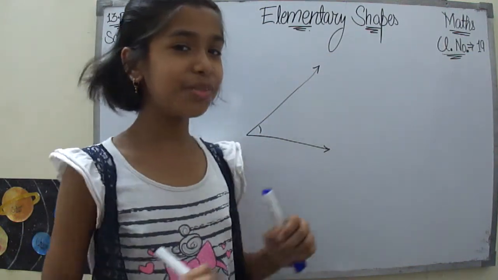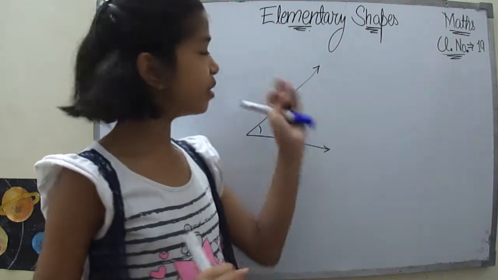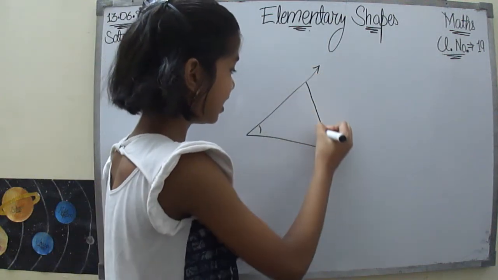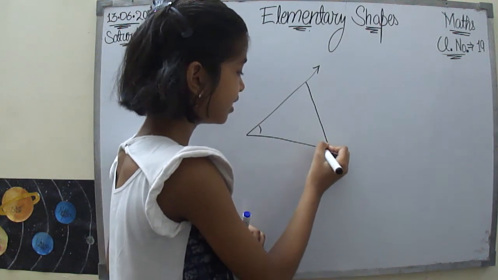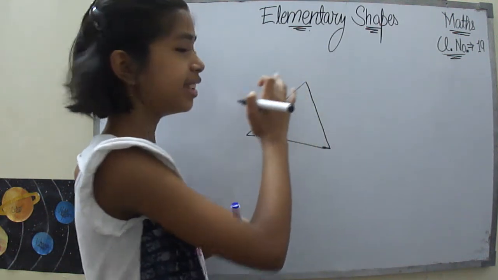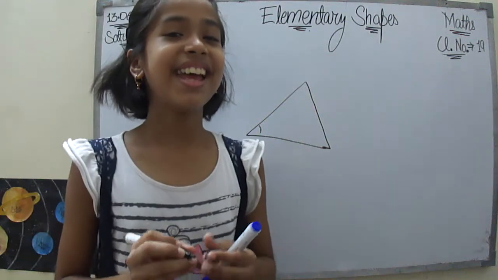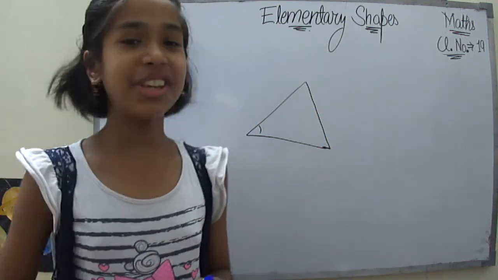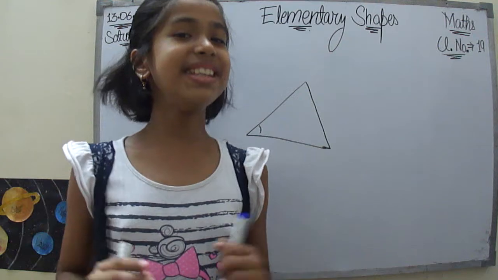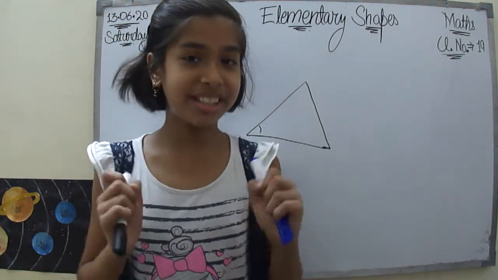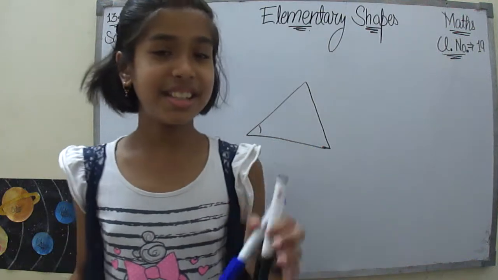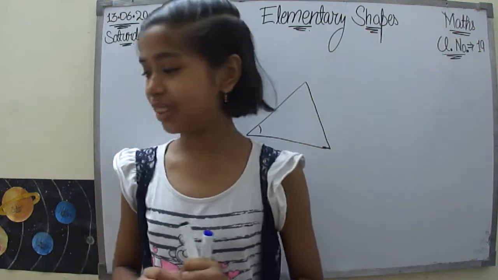So if I'm going to put a line to an angle, something like this, what does it form? Triangle. Now today we are going to play with this triangle. So now let's study about this triangle.